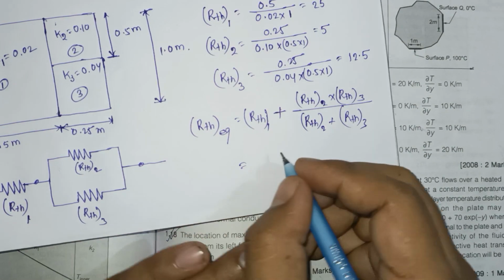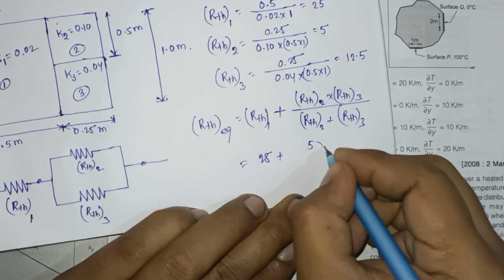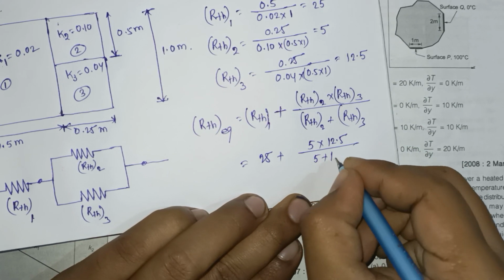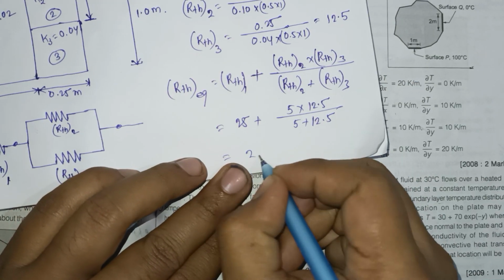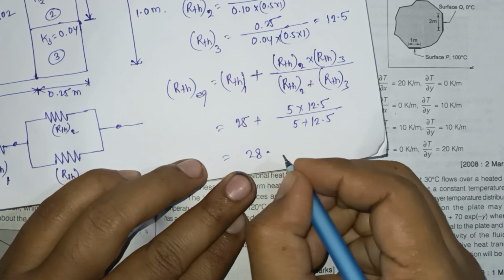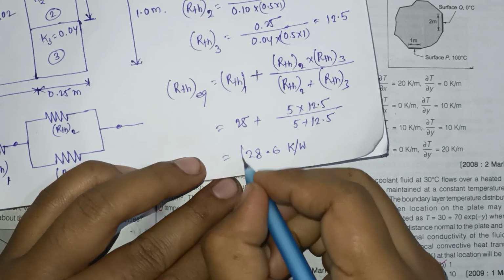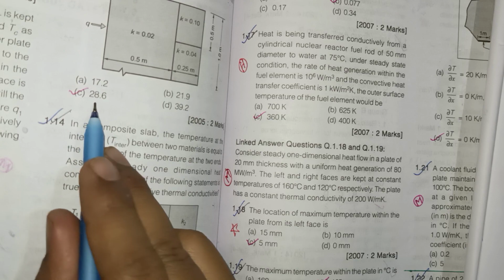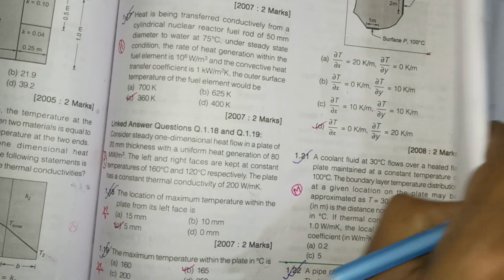If you put the values, RTH1 is 25 plus 5 into 12.5 divided by 5 plus 12.5. If you calculate the value, that is 28.6 Kelvin per watt. So this will be the correct answer. Okay, so this question is done.